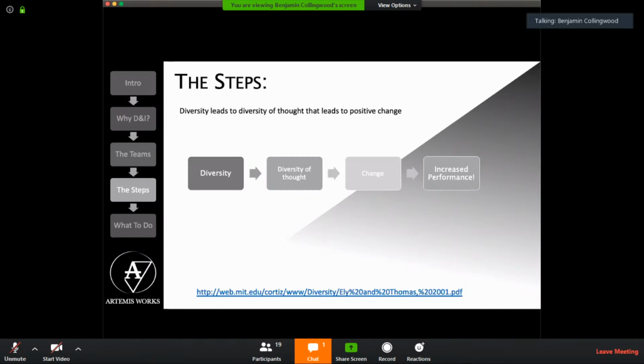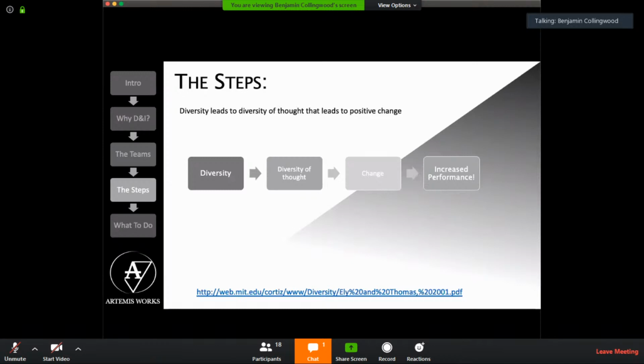And essentially they looked at a number of different businesses, both with different levels of diversity, similar to what I've just outlined there, with very homogenous, non-diverse groups and very diverse groups, and they broke it down into the stages in there.